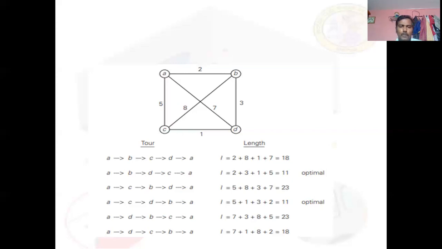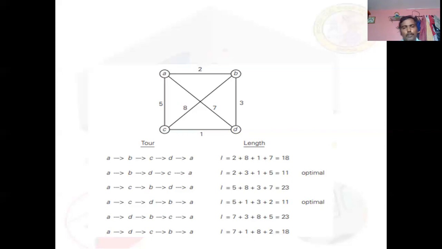There are a lot of combinations possible: A, B, C, D, A; A, B, D, C, A; A, C, B, D, A; A, C, D, B, A. Among these combinations, I need to choose the one with the minimum distance. That is optimization.